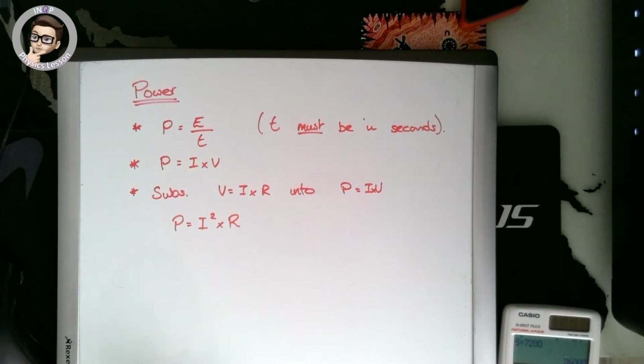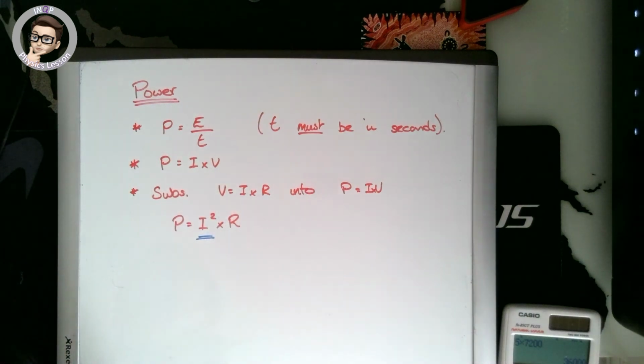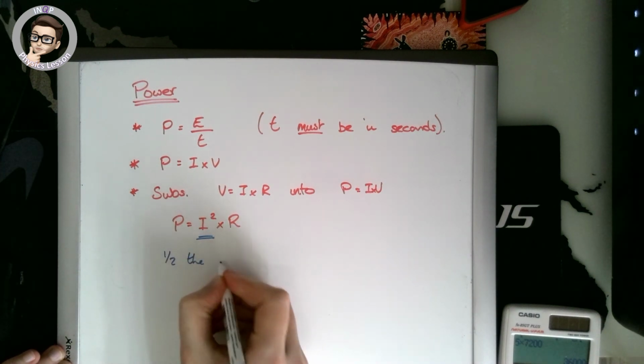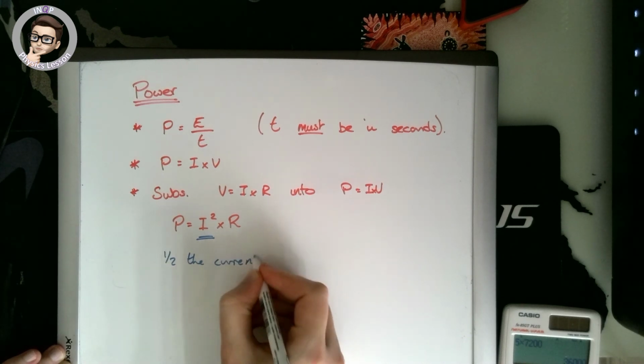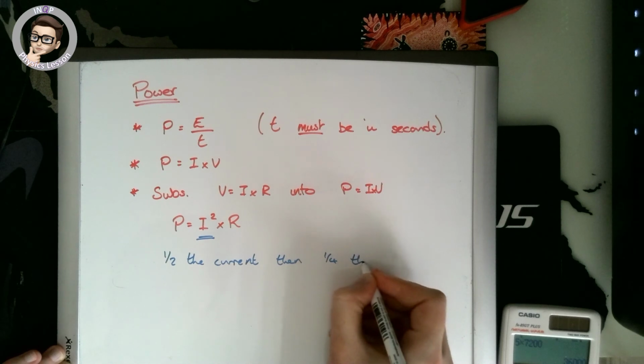And that means that this current squared is very important. In fact, what it means, if I was to half the current, then I would quarter the power loss.